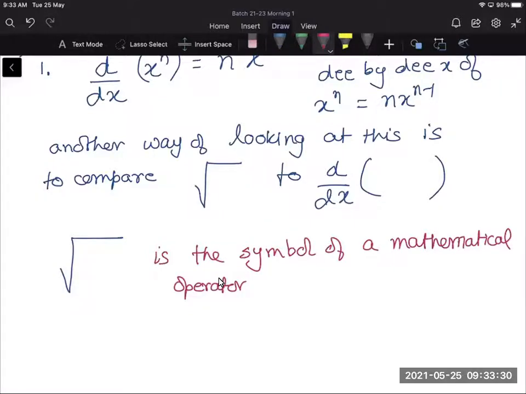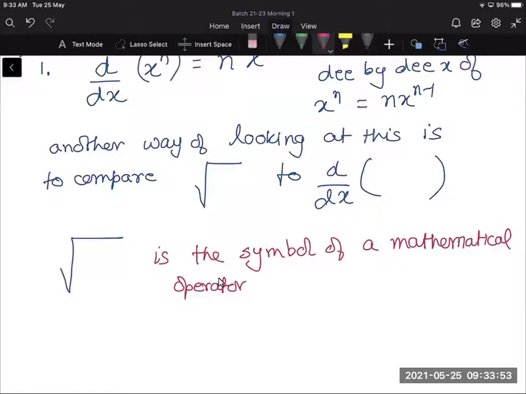What do we mean by mathematical operator? What I mean is that a mathematical operator acts on something and gives you an answer.